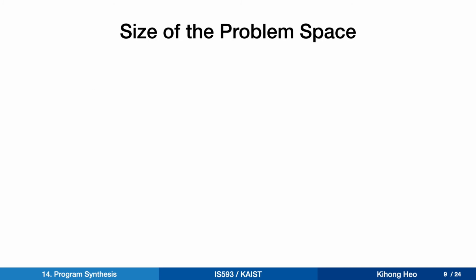Before getting into the details of the two algorithms, let's roughly compute the size of the program space with this simple grammar. How many programs can be generated whose depth is equal to 1? In this case, trivially only one program is possible with this grammar. Then how about depth 2?